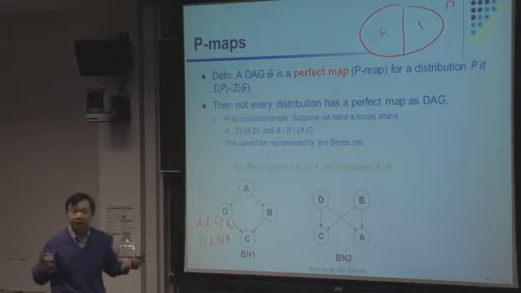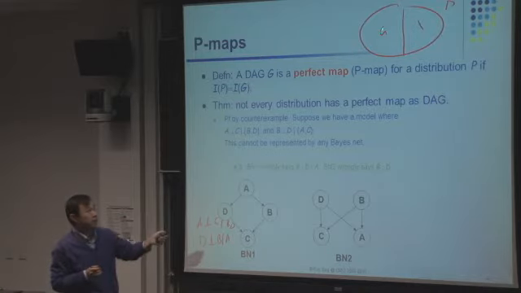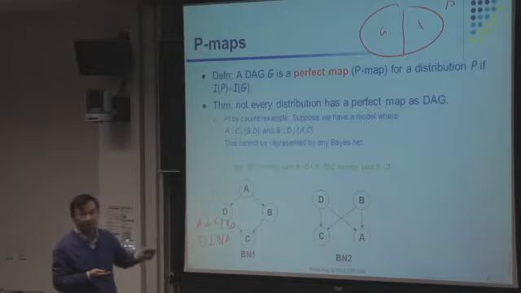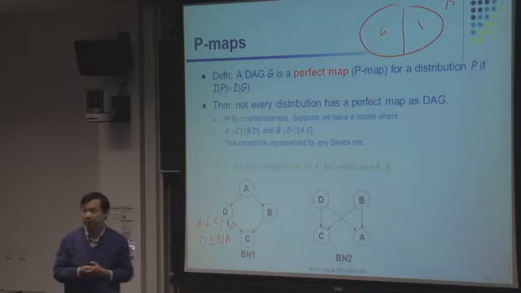That's the first attitude: we just deal with those which can be represented, and for those that cannot be represented by a graph, we just live with it. We can just play with pure numbers, write down a P of A, B, C, D, and do whatever manipulation we want.